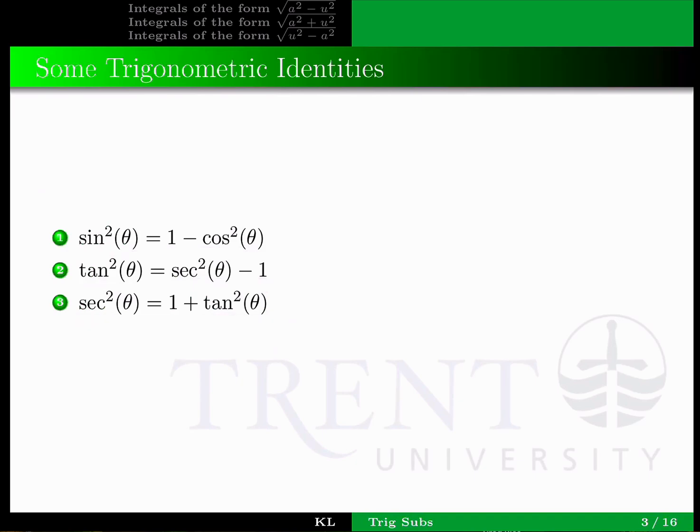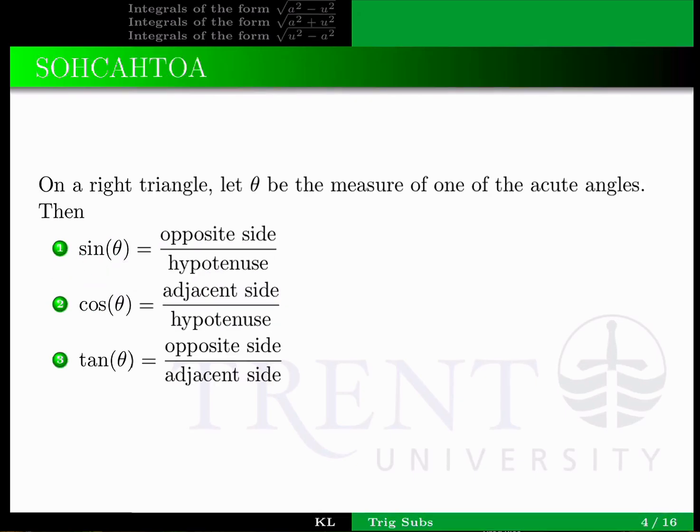Since we'll be doing the second and the third items, most of the time we'll be using the second and third identities. Okay, let us also recall the SOHCAHTOA.